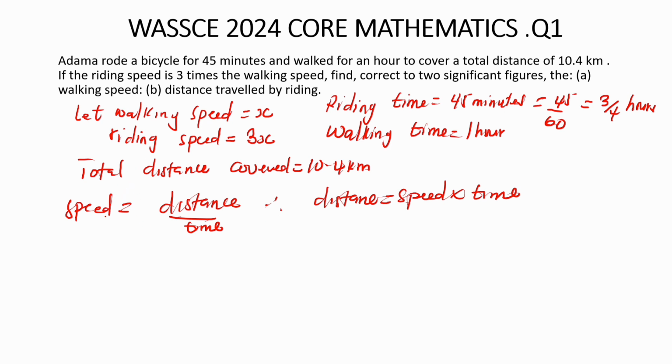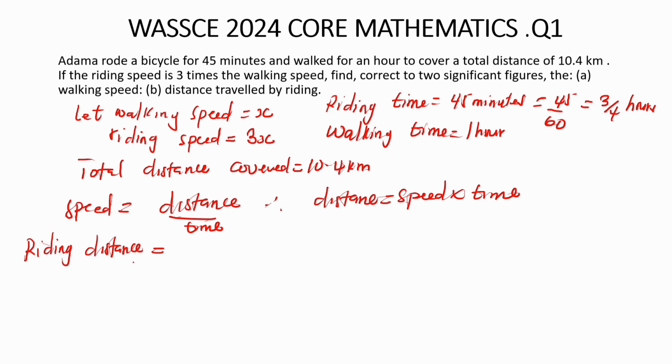And so the riding distance is going to be the speed taken during the riding times the time taken.